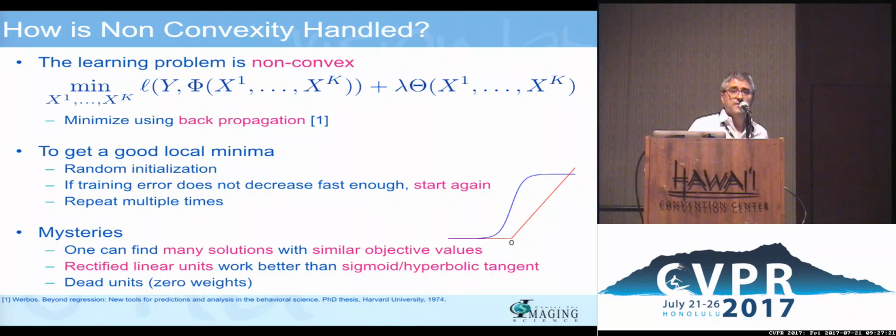A few mysteries have been observed. One of them is that you can get many potential minima. What I tell, joking sometimes, is that if you give data to two different PhD students and you ask them to train the network, they'll come back to you with very different networks potentially, yet the classification performance will be about the same.